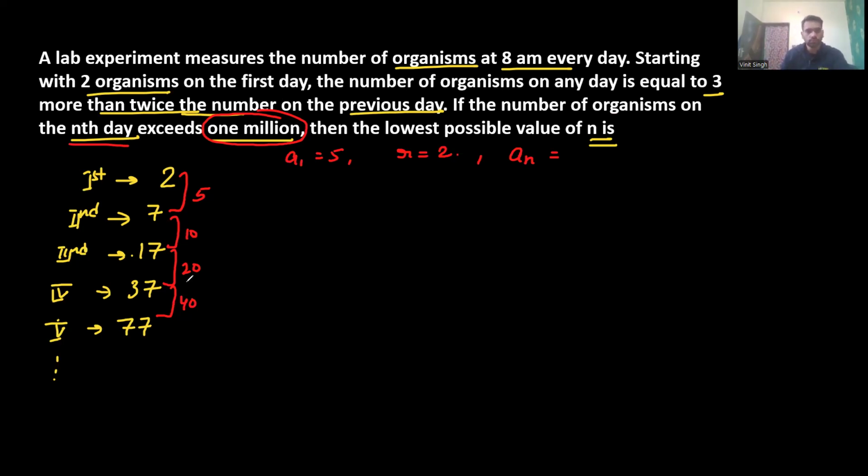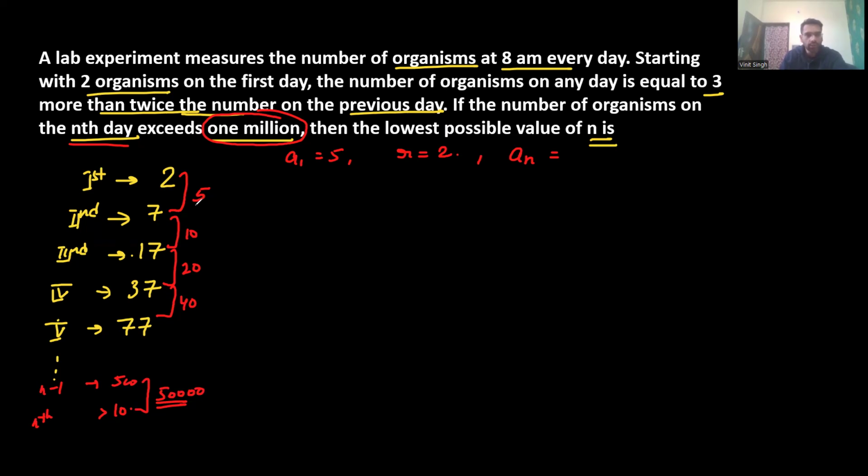On the nth day, it will be more than 10 lakh, and on the n minus 1 day, it will be about 5 lakh. So the difference between them is 5 lakh, because they are double plus 3.